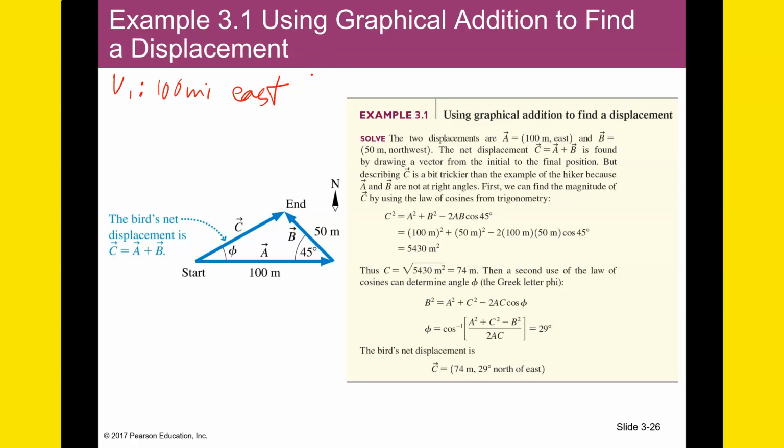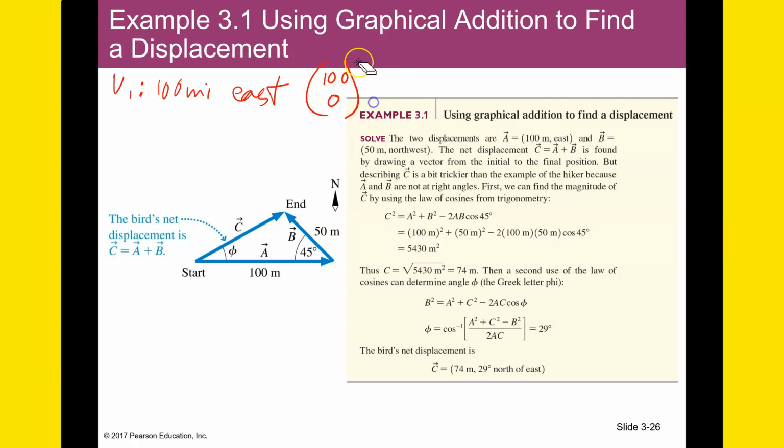If I break that down into its vertical and horizontal components, that's going to be 100 miles to the east, and it's to the right, so it's positive 100, and 0 miles to the north. And that's how I express the vector most of the time. I put parentheses around it. I put my horizontal component at the top, my vertical component at the bottom.